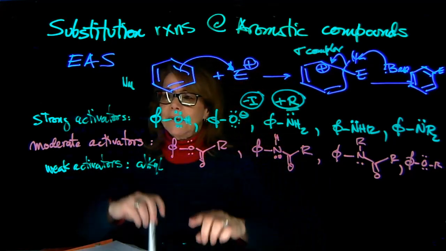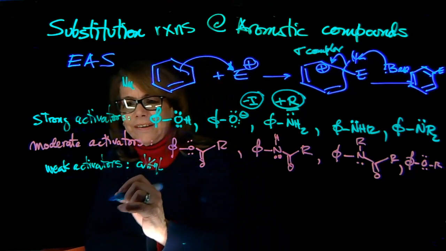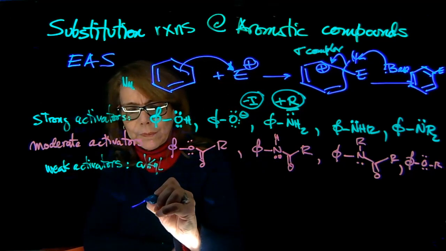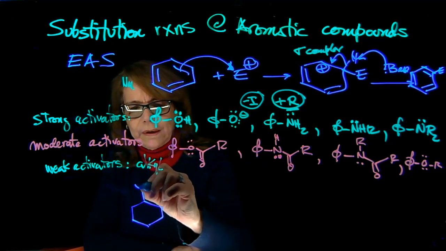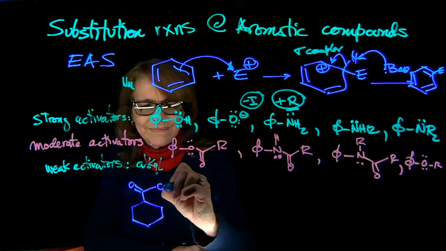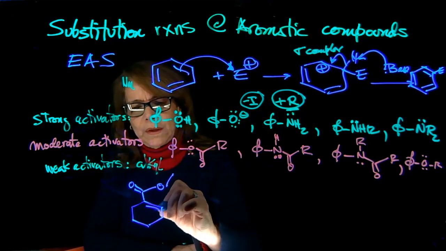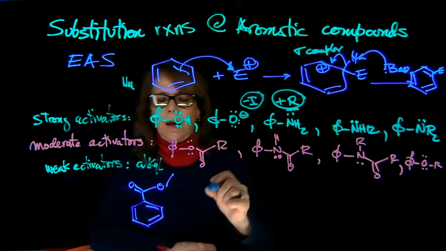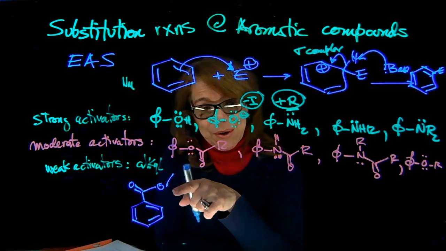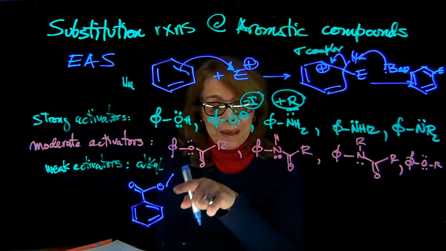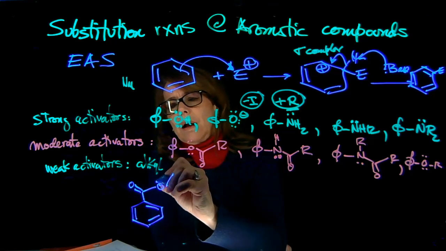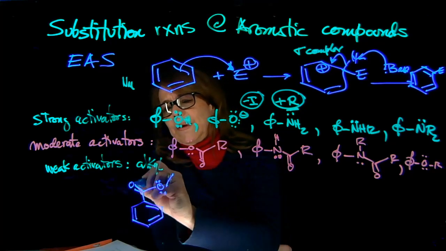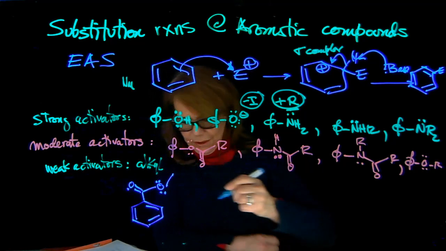But analyzing what we have in the second series, let's draw an ester. So say that I have, this is the ester of benzoic acid, so this is methyl benzoate. So now, you still have, but now, that's a bad example.